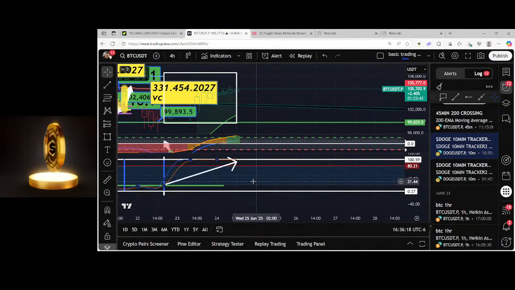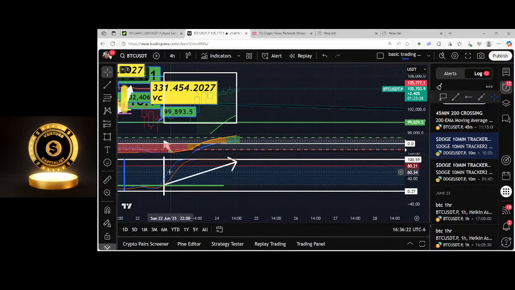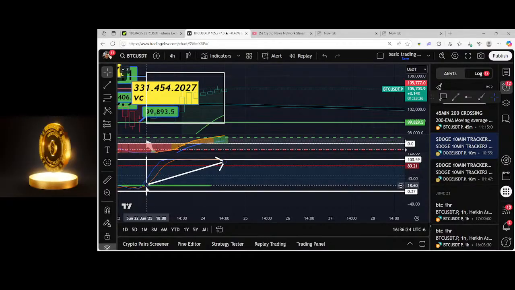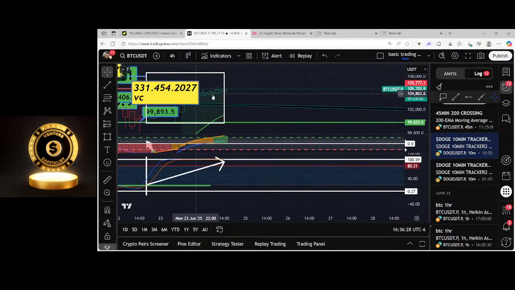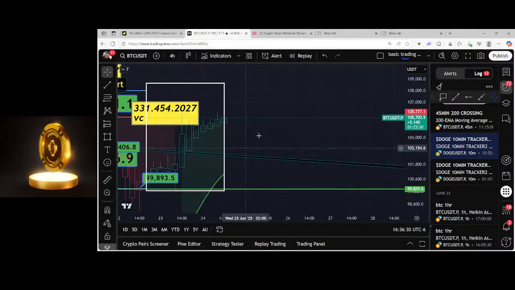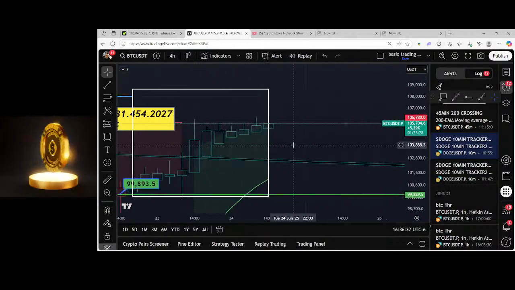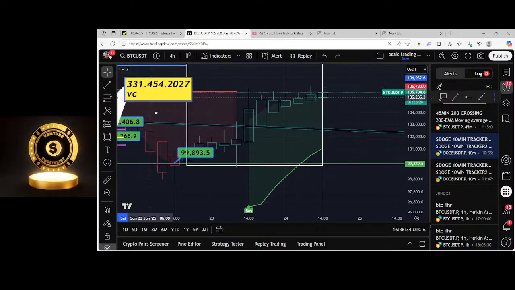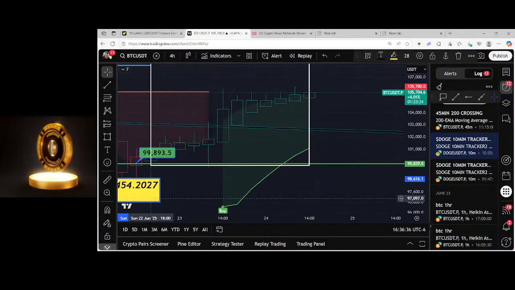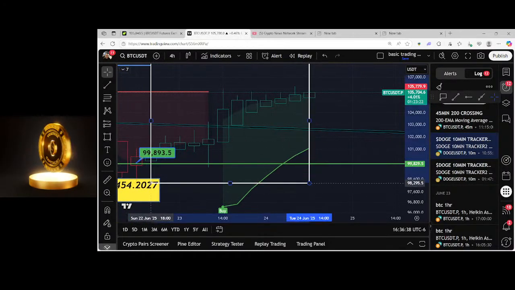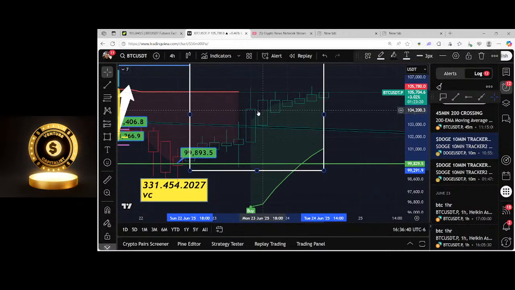So in this area here, which is the creation of the 4-hour RSI breaking through, that creates this box up here. So now we have a buy zone, right? So you see this? Look how beautiful that buy zone is. Look at that. This is the buy zone right here. Look at this.